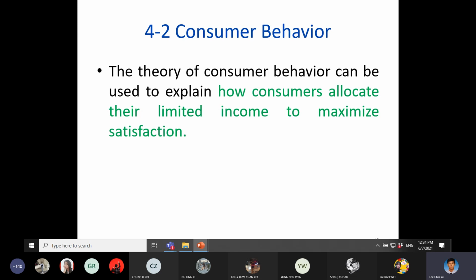We want to observe, if the consumer has a limited income, how the consumer uses that limited income to maximize his or her utility. This is what we call consumer behavior: how the consumer behaves with limited income, in terms of the consumption of goods, in order to maximize utility.